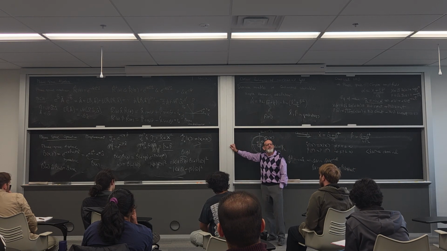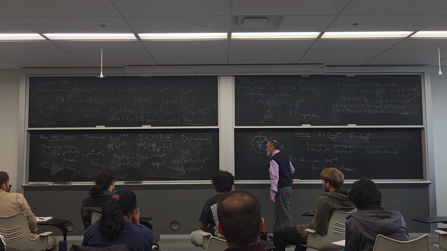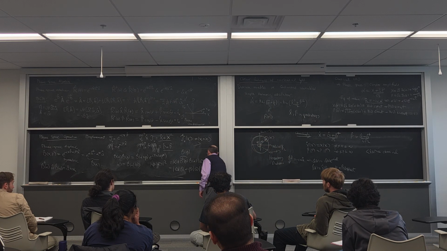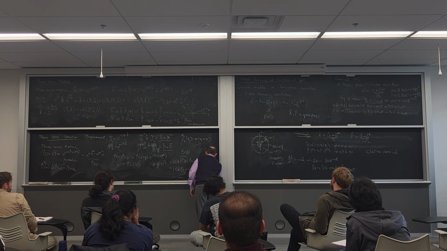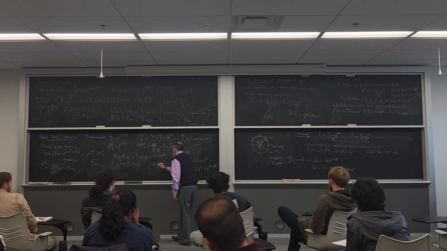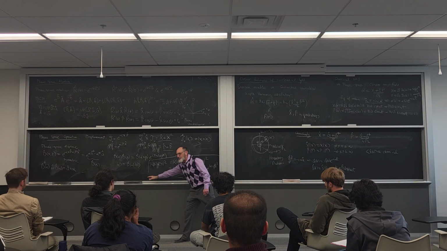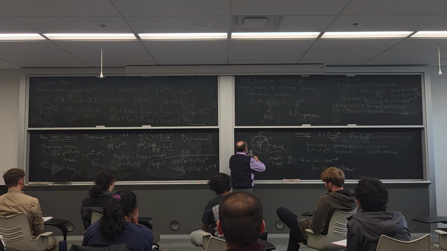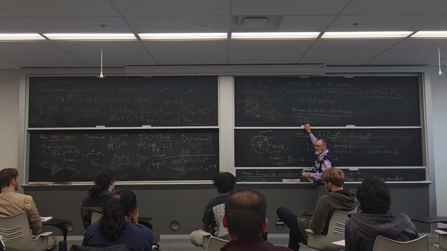And what's that equal to? E to the minus alpha cross beta. This is equal to this. How do we remember that? How do we get that? Well, there's lots of ways to think about it.